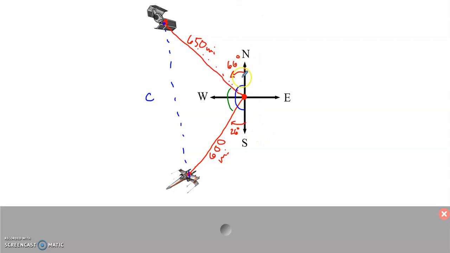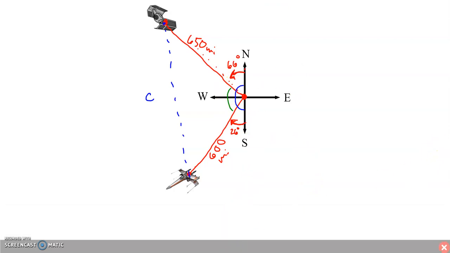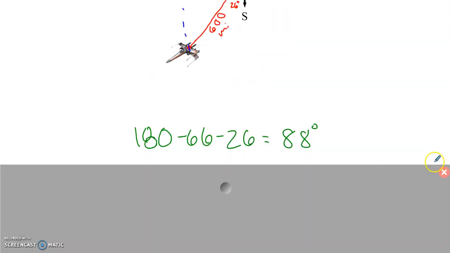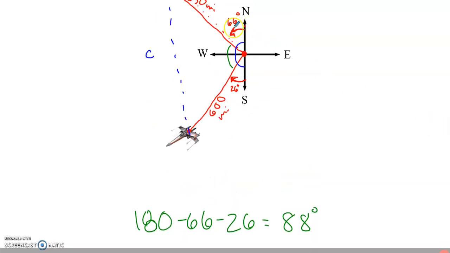If you then subtract off this angle and this angle from that 180, you'll be left with this green angle there. So to find angle C, I can do 180 minus that 66 degrees and then minus that 26 degrees to get that angle C is 88 degrees.